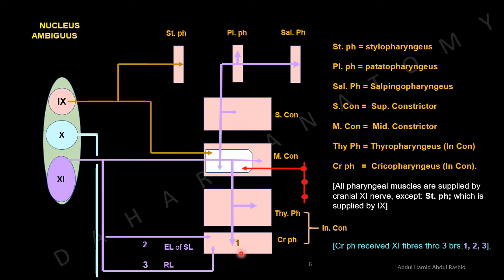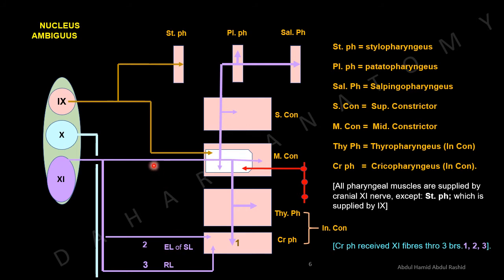In addition to the nerve supply to the cricopharyngeal part coming from the 11th cranial nerve, this part receives two more branches. One is the superior laryngeal nerve, another one is the recurrent laryngeal nerve.